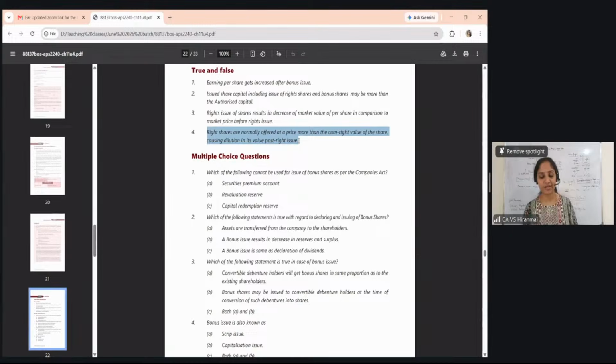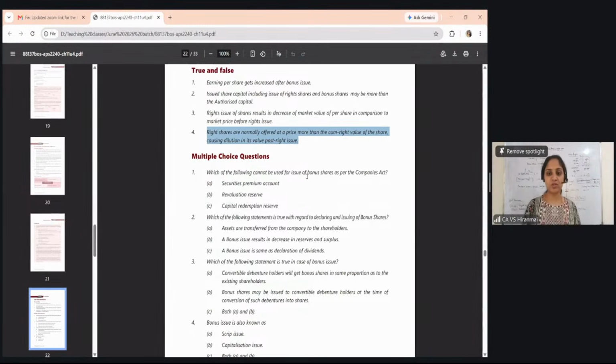Rights issue or right shares are normally offered at a price more than the fair value of the share, causing dilution in its value post rights issue. No, it is not offered more than the fair value. It will always be lesser than the fair value. So that is false. Okay.